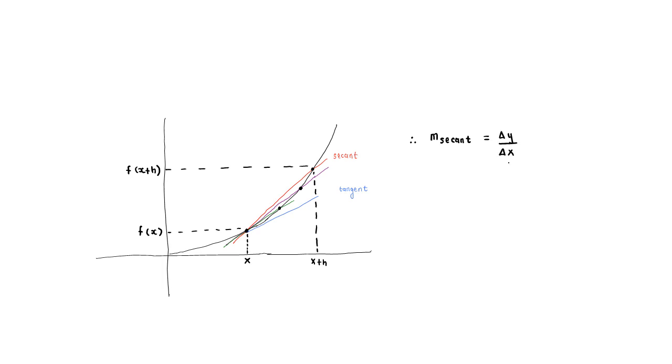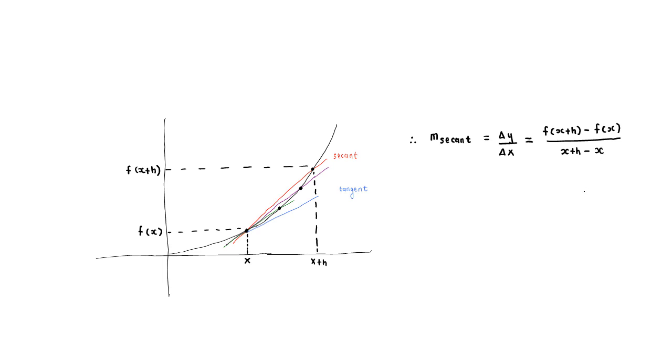So it's just our normal change in y over change in x. If we make it specific to this, then it's f of x plus h minus f of x, divided by x plus h minus x.